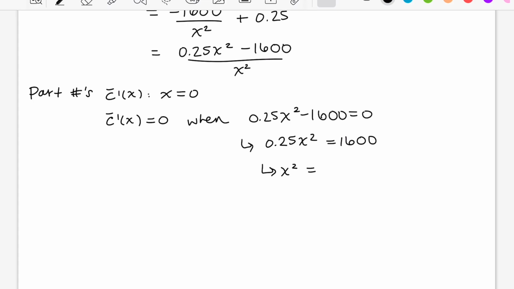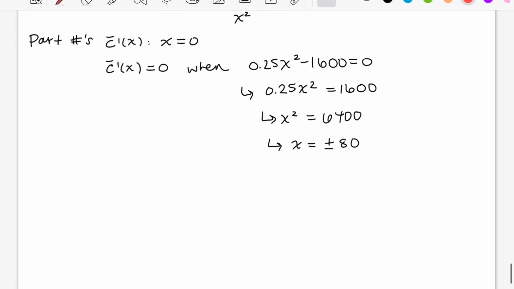And 1600 divided by 0.25 is going to be 6400. And then we'll take the square root of both sides, so we'll get plus or minus 80. Okay. But remember, our domain is going to be all positive real numbers, so negative 80 is not in our domain.